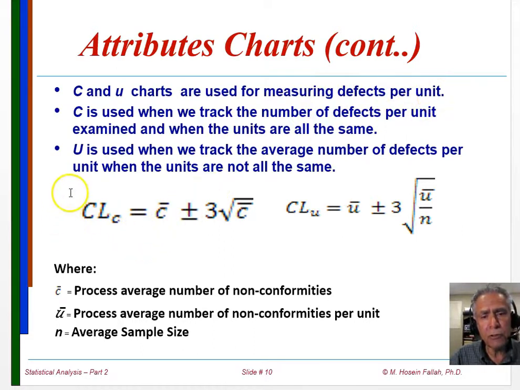Now for the C chart, the control limit again is C bar plus or minus 3 standard deviation, where C bar is the average number of defects per unit. So in the case of C, all the units are the same. Think about it.